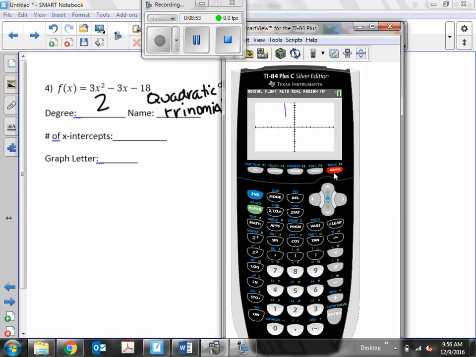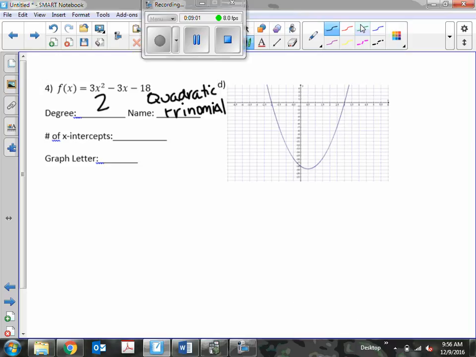We match the graph that goes with the option on our paper. We see that the graph goes down, comes back up, so it matches graph D. We count the number of x-intercepts that it has, and it has 1, 2 x-intercepts. So we would say 2 x-intercepts. Try the next one.